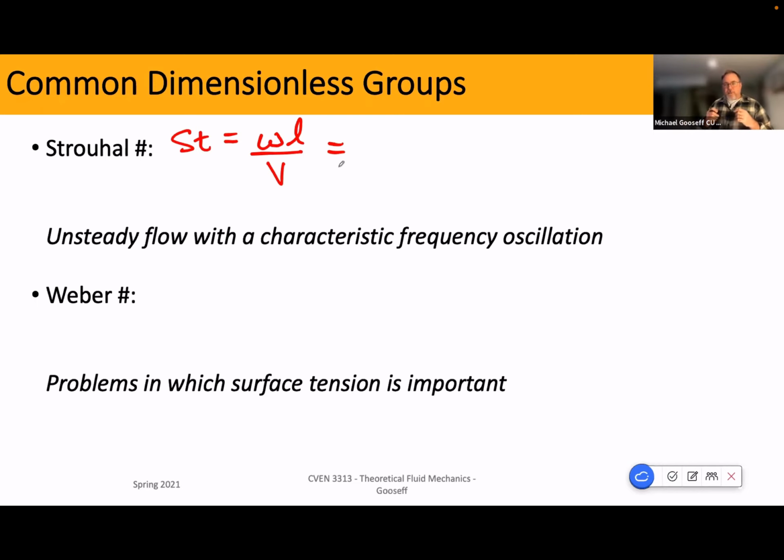I don't know if you've seen the sprinklers that look like a little tiny tractor, and as they whip around, they're also slowly rolling across your lawn when you use those. That would be like these two velocities here. One is that local velocity, and the other one is more of a convective velocity. And so this is a local inertial force normalized to a convective inertial force.